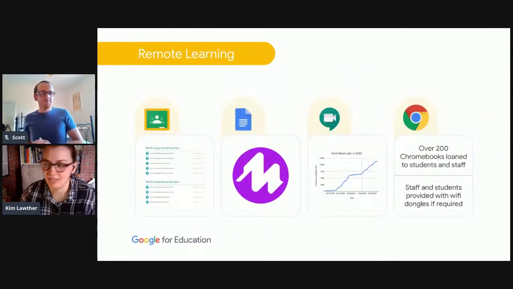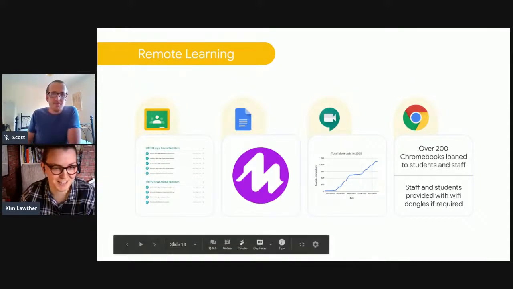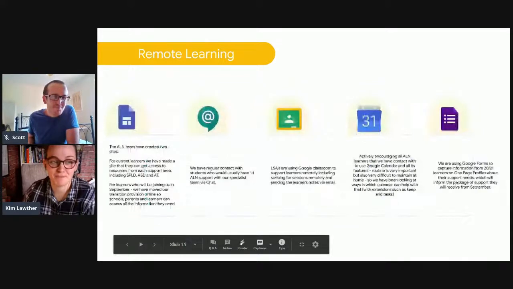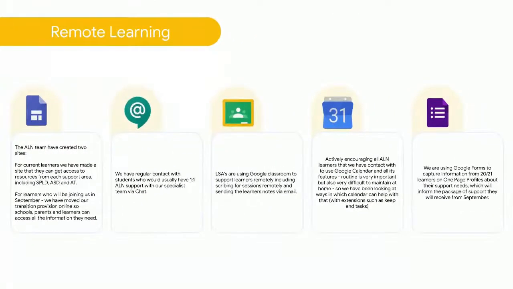I'm just going to look at 5 apps. I'm going to need Scott to change the slide. Sorry, dude. 5 particular parts of G Suite that we've been using in the additional learning need team. So first of all, looking at sites, we've created 2 sites, one for current students that would normally come to us for support, whether that was for dyslexia support, autism support, or assistive technology support.